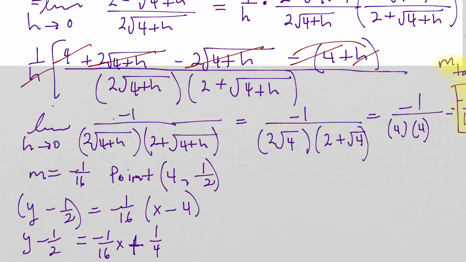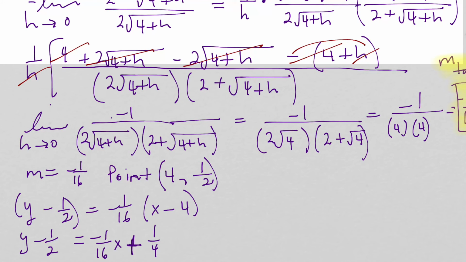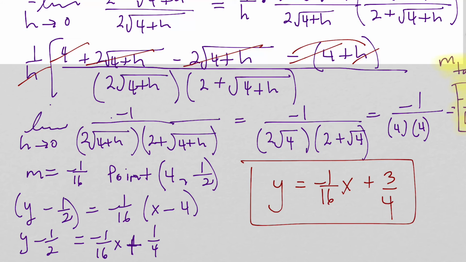Alright, so let's see if I have any more room. So let's go over here. So I've got y is equal to negative 1/16 x. I'm going to add 1/2 to 1/4. So that's 3/4. Alright, so this is the equation of the tangent line at the point (4, 1/2). So we did it.